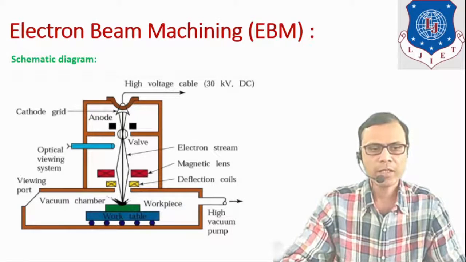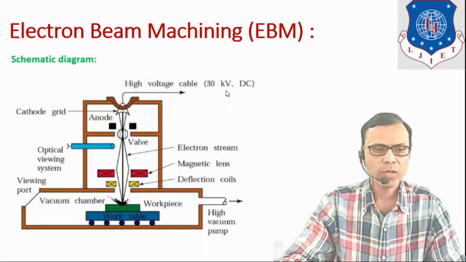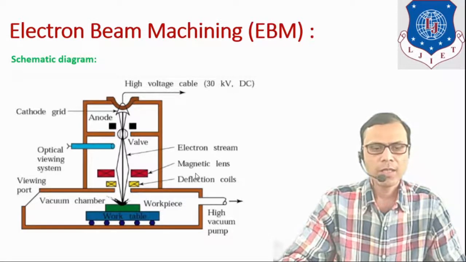It is supplied with high voltage up to 30 kilovolt DC supply. So it consists of cathode grid, anode, magnetic lens, deflection coil, vacuum chamber, and the workpiece. When high voltage is supplied to this cathode grid, it will produce an electron beam.